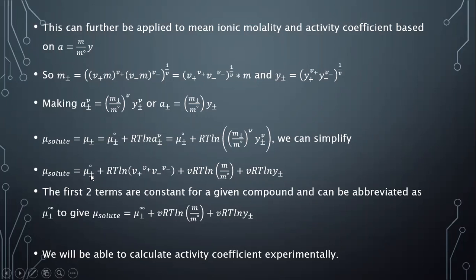Now, because the standard mean ionic chemical potential is constant, and the coefficients are going to be constant for a given compound, those two terms can be absorbed together to give us our mean ionic chemical potential double naught, or the standard mean ionic potential for a given compound.